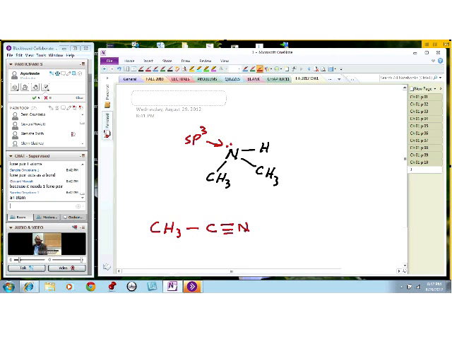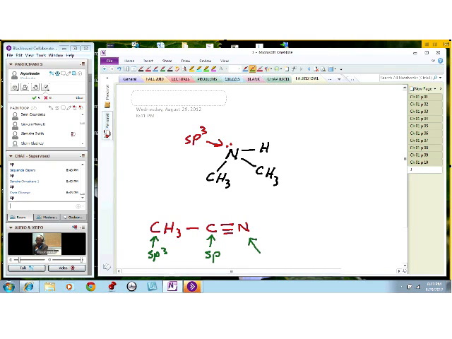Now, supposing I have this molecule here. What is the hybridization of this carbon? sp3, very good. What is the hybridization of this carbon? sp, very good.